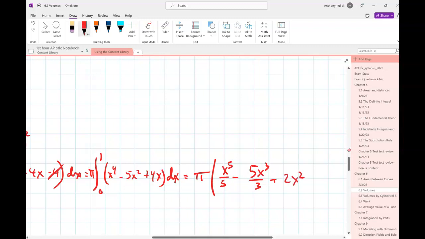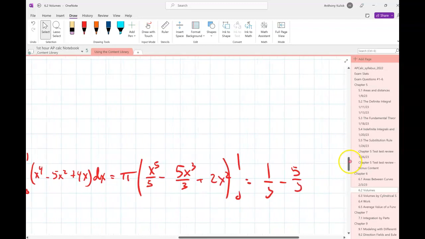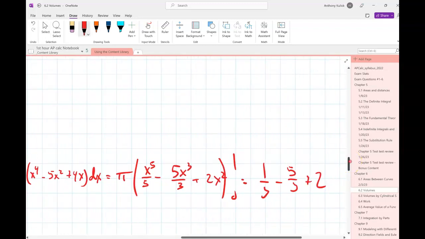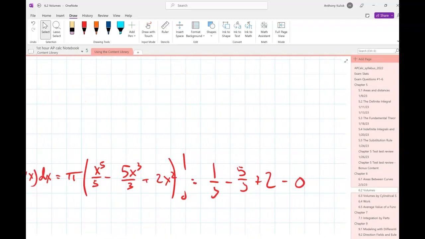Let's do that, from 0 to 1. So we have 1/3 minus 5/3 plus 2, and then minus 0. Oh, and we still have times pi.